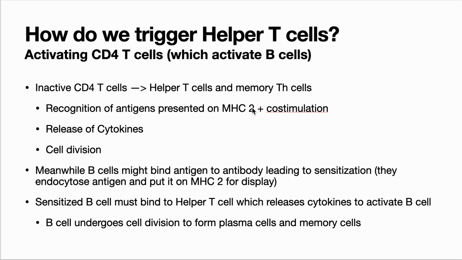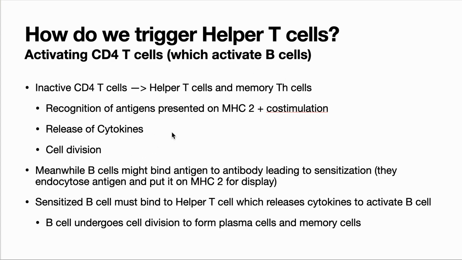Remember, these are the cells that have the CD4 marker, so they only respond to antigens presented on MHC2. So basically, when other immune cells, antigen-presenting cells, or other lymphocytes show them an antigen on MHC2, that's how they get activated. When CD4 T cells are activated, they will divide to produce active helper T cells and, of course, memory helper T cells.